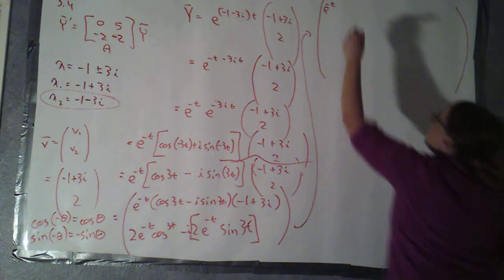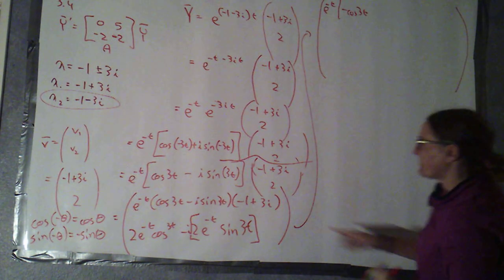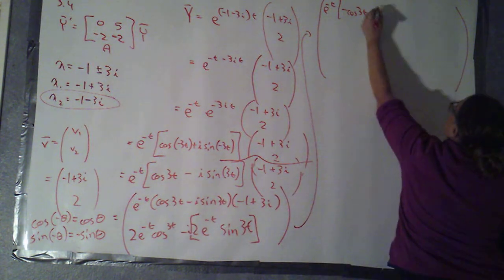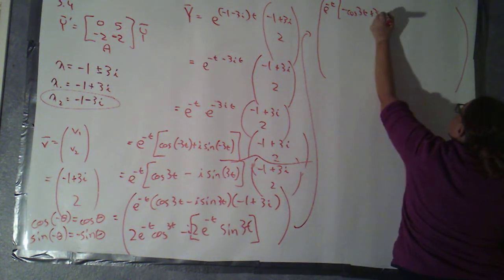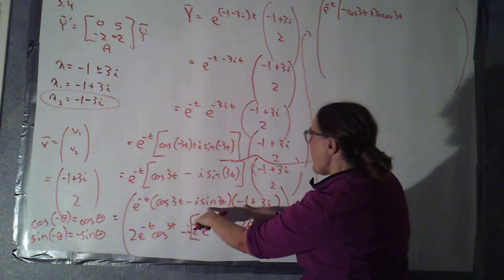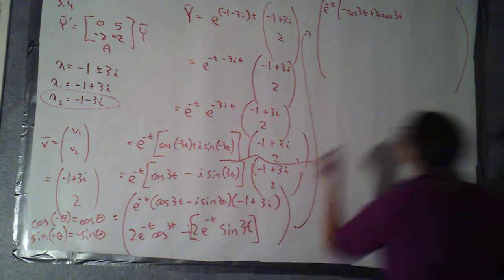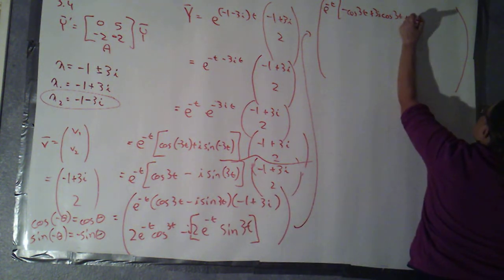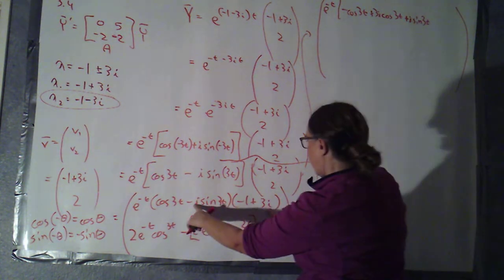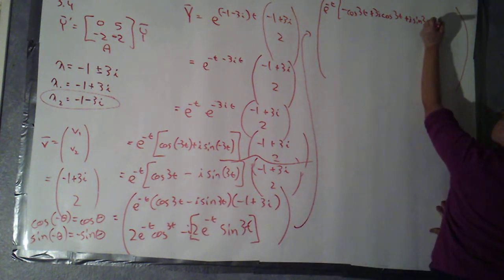So I'm going to get negative cosine of 3t, plus 3i times cosine of 3t, minus a negative, so plus i times sine 3t, and then minus 3i squared sine 3t.